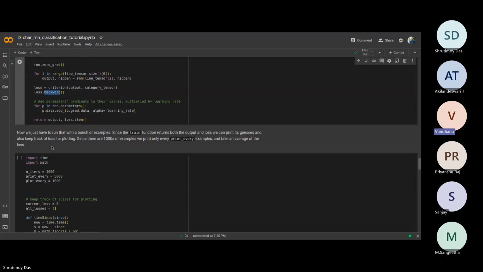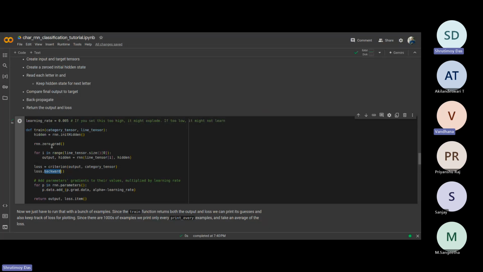And then here in alpha, why is it minus learning rate? So this is basically you have W(t+1) equal to W(t) minus eta times your gradient, right? So alpha is eta in this case.